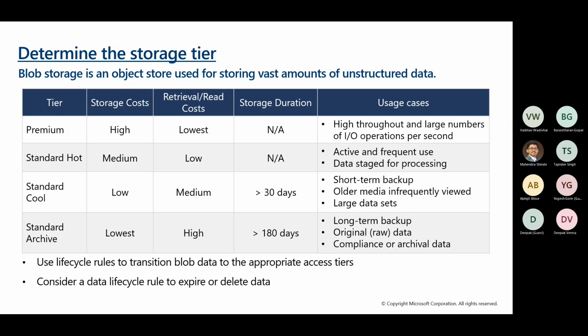Storage cost for premium storage is actually high, but at the same time, the retrieval cost is less. That means the number of read operations that you perform. There are some pricing plans where read operations are free. Whereas in the archival tier, storage costs are lowest, but transactional costs are higher.